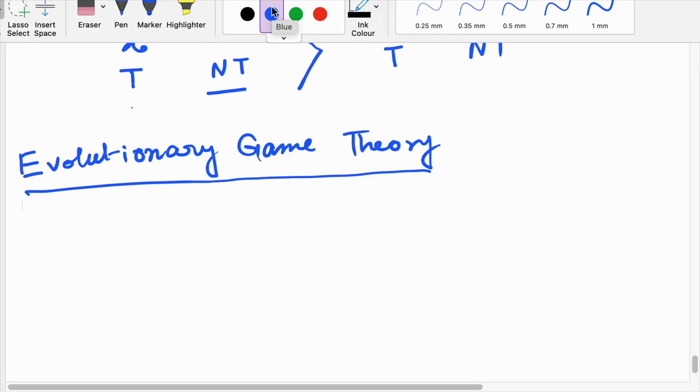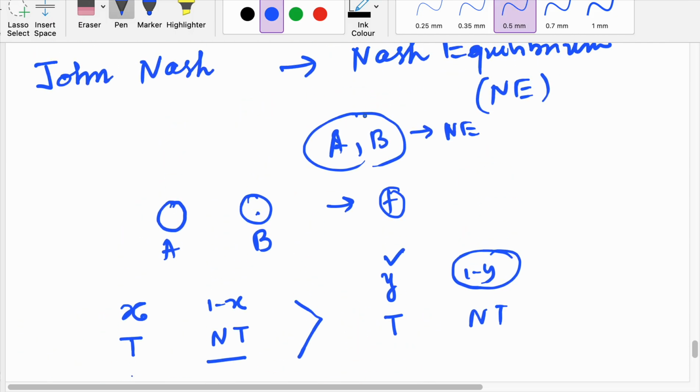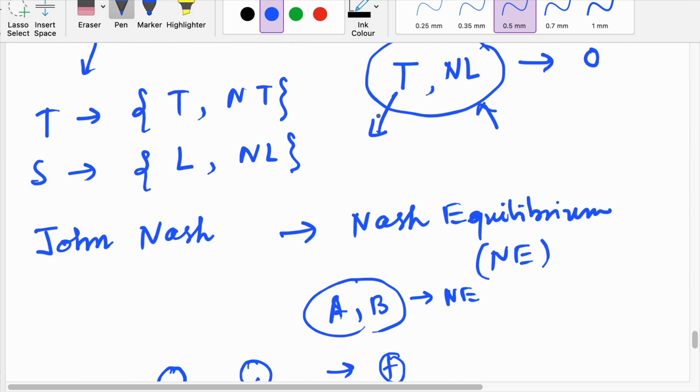As we are talking about traditional or classical game theory, suppose I assume that the teacher wants to maximize his payoff and the student also maximizes his payoff.